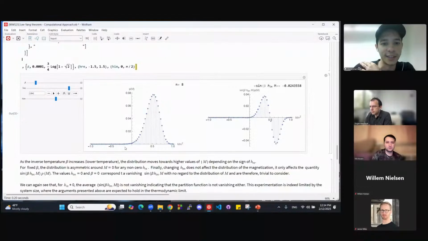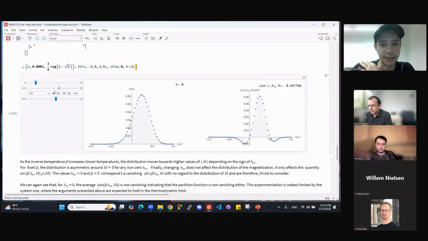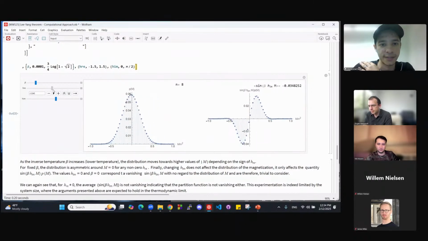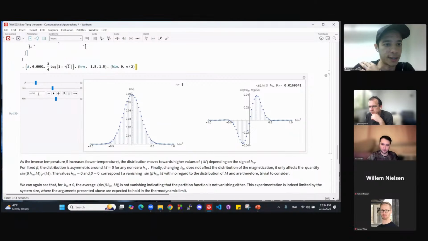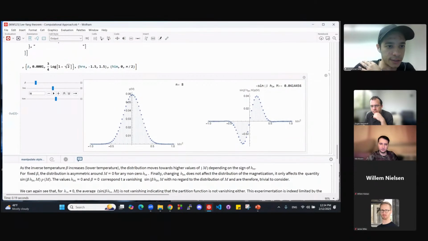In that limit, the width of this keeps getting narrower and narrower, picking only one point. So the only way you get it is one point here and one point here, setting h equals 0, like this. And then you can see now this is perfectly symmetric around it.